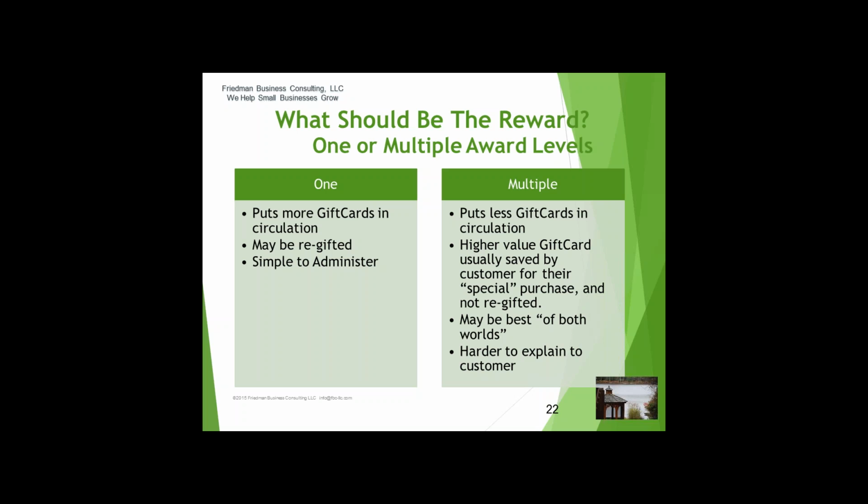And that's what really turned out to be, because the psychology is that when someone's saving for a $90 gift card, they have what we call their eye on the prize. They're saving up for that aged bottle of scotch they would never have bought for themselves with cash, or that unique wine. So they have their eye on the prize and don't regift the high dollar plateau gift cards.